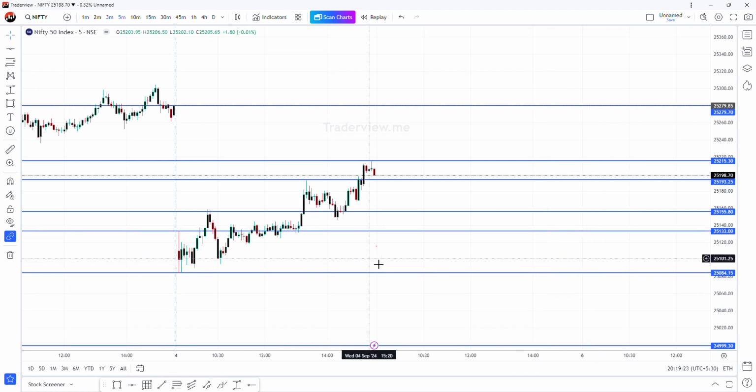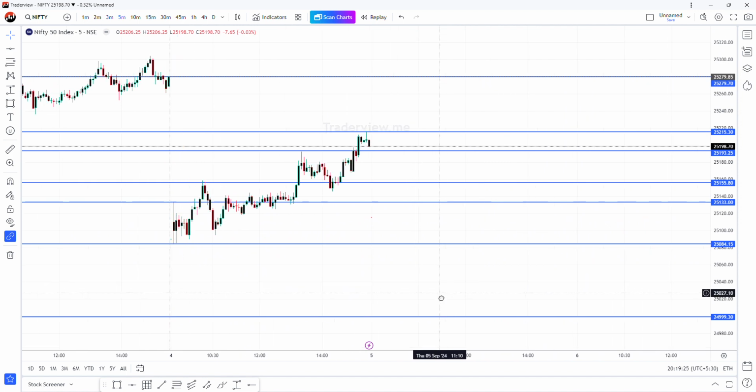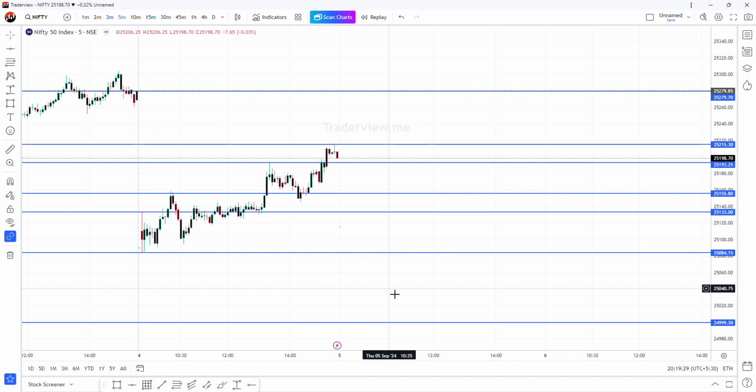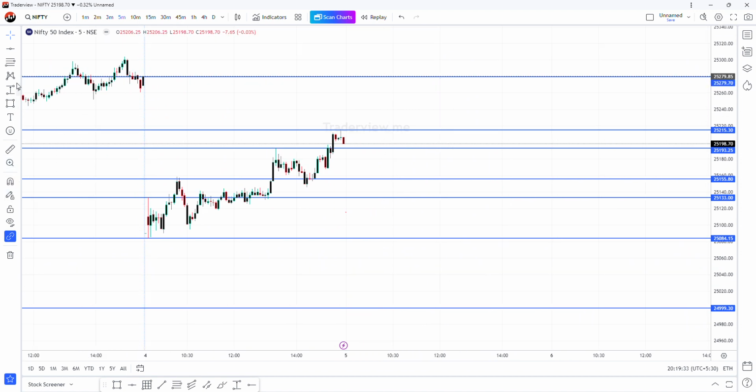Fine. And what if there is a gap down opening? I will check what the price action of Nifty is. For example, if it opens here and starts moving towards the upward direction, I will still consider today's 5 minute candle low as a stop loss and try to initiate trades towards the upward direction.